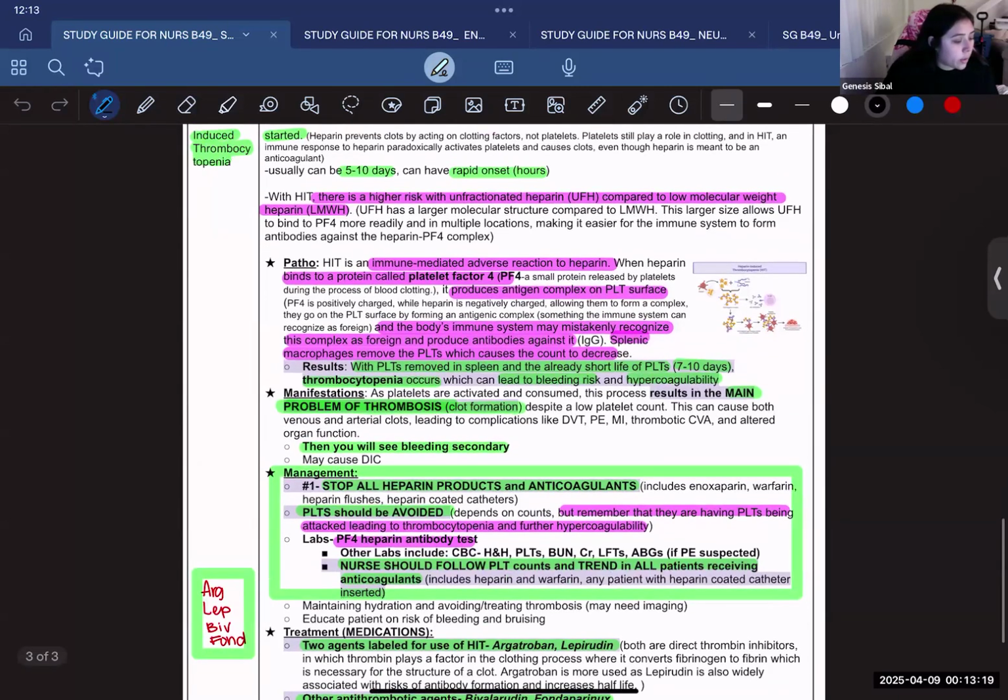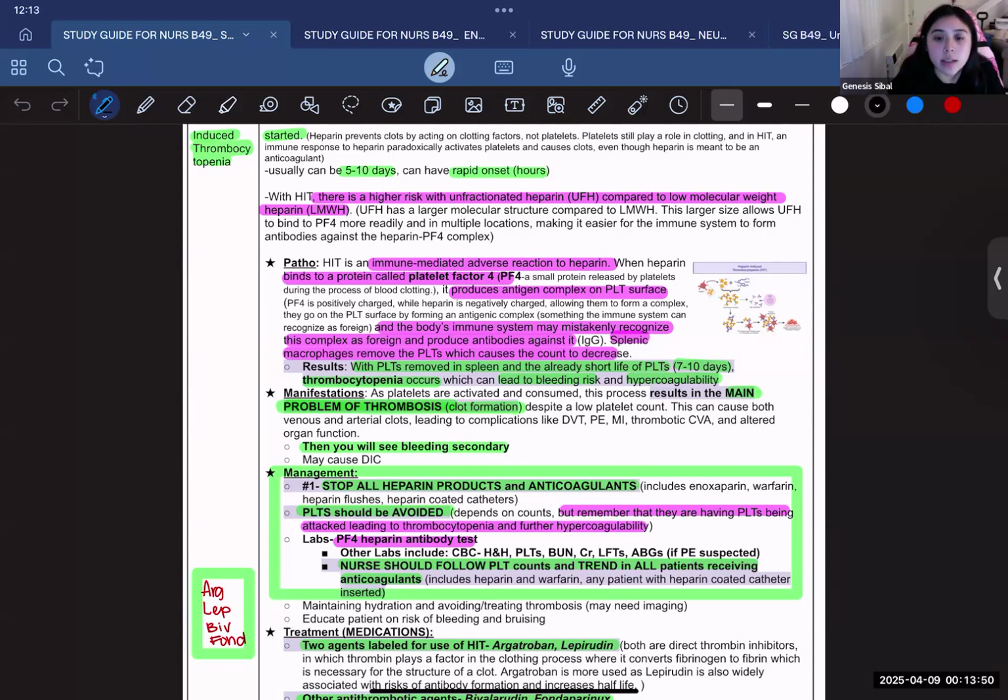So with heparin-induced thrombocytopenia, there's a higher risk with unfractionated heparin, so UFH, compared to low molecular weight heparin. I just wanted to put this in there to help understand some stuff. I don't think you have to know this, but unfractionated heparin has a larger molecular structure compared to your low molecular weight heparin, and it's literally in the name, right?